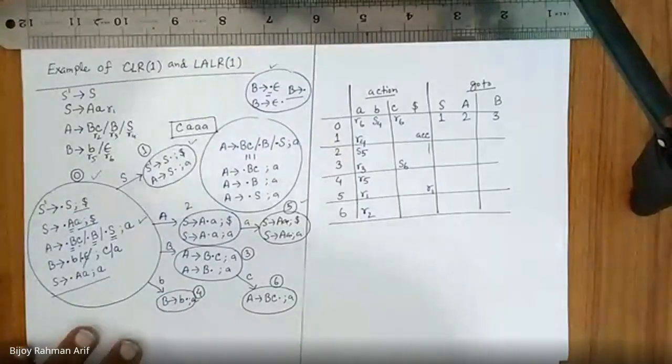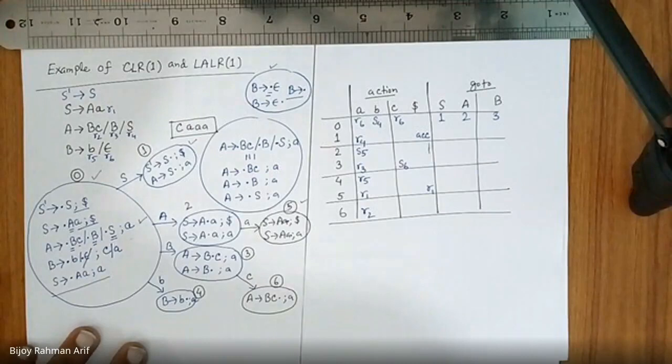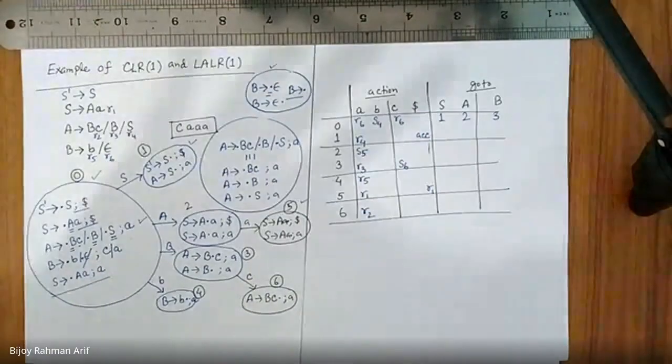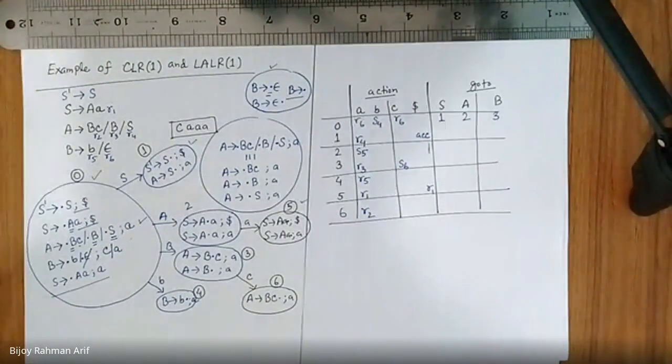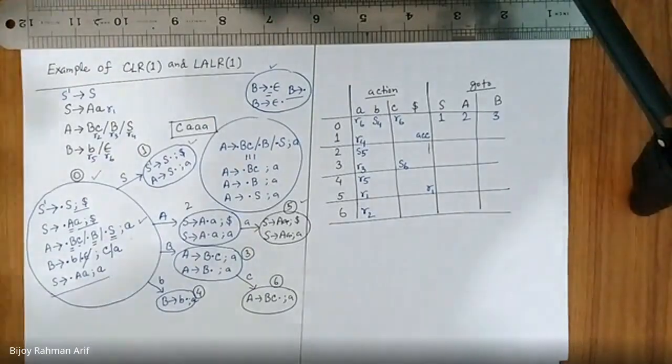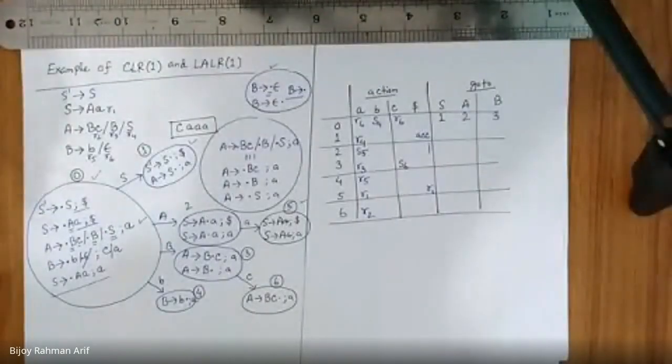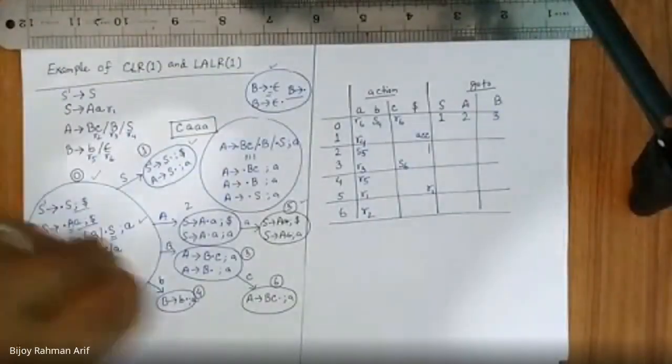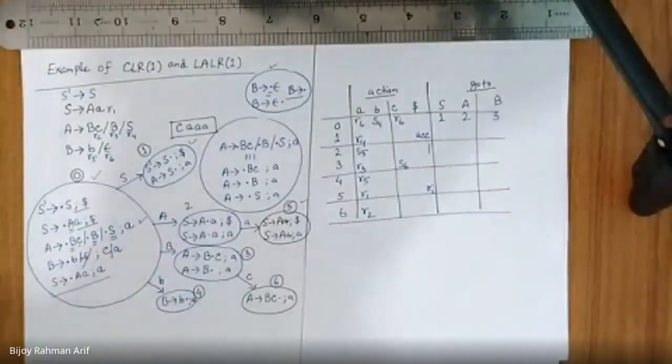R6, R6. Okay, it is a special case where it is actually the same. Most of the time, whenever CLR is more powerful, the table becomes larger. But in this case, it is absolutely the same.